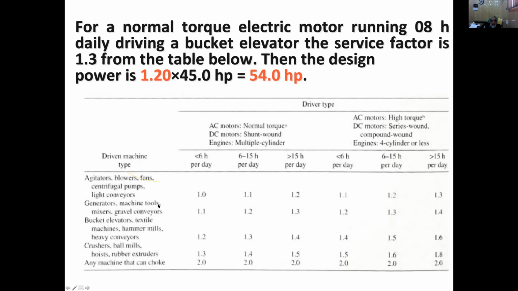And you see the number of hours for which it has to run is 8 hours. So I am taking here service factor 1.2. Are you able to understand? Yes, sir. So now you have to multiply this 45 by 1.2 and your actual power to be transmitted is 54. This is the first step.